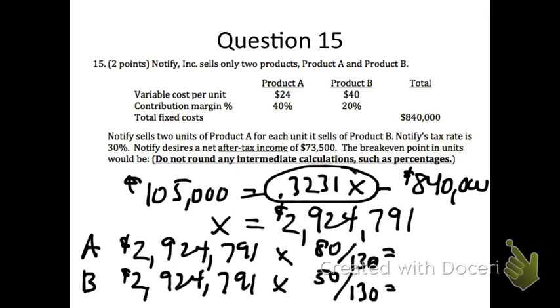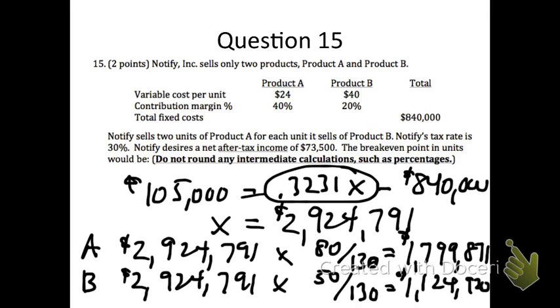So you can see that your total revenue, let me calculate that out because I didn't round it. So 1,799,871, that's total sales revenue for A. And then for B, 1,124,920.